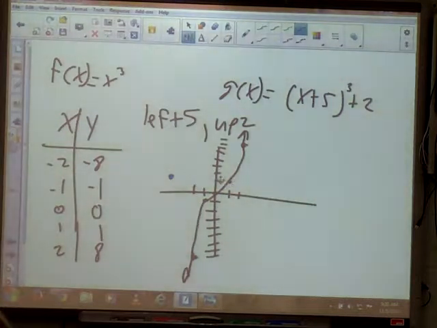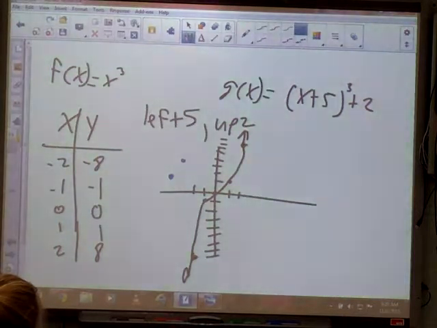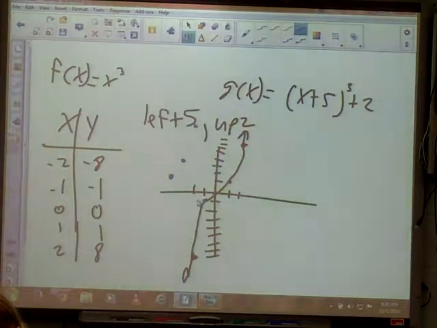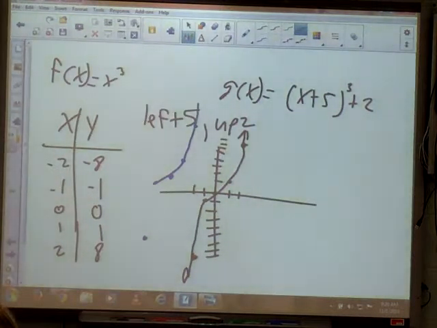Left 5, up 2, for each point. So it would be the same thing, same shape and everything, just scooted left 5 and up 2.